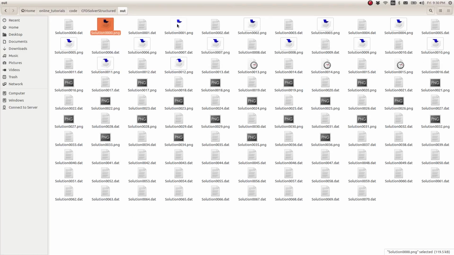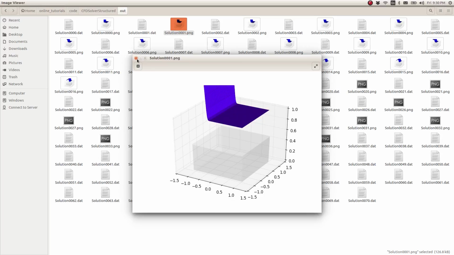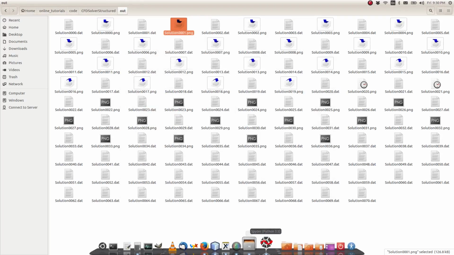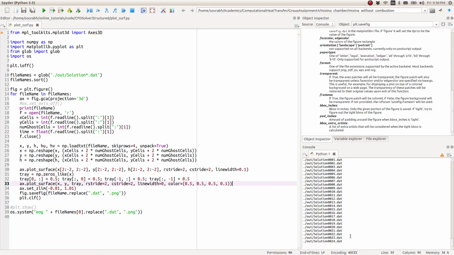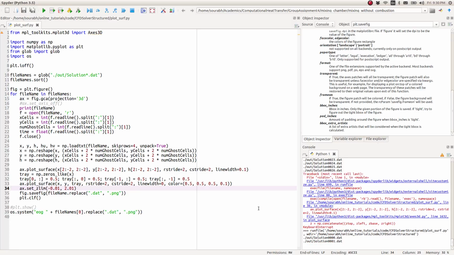So let's see what we get. Oh, I see. I have restricted the z range, so I should change it to 2. And now I should run this.